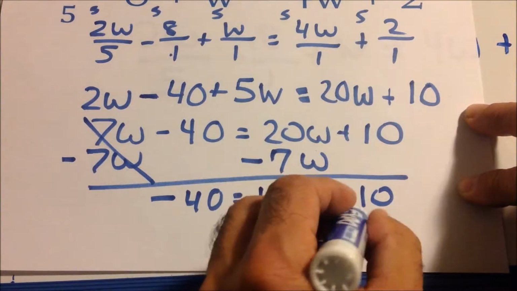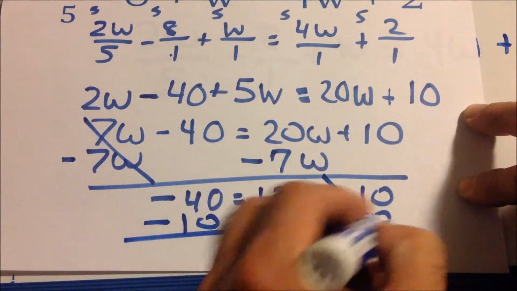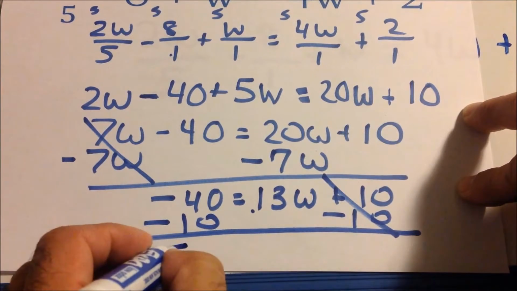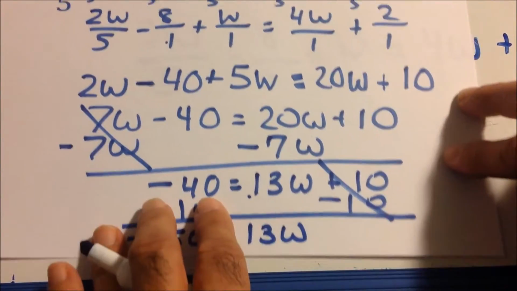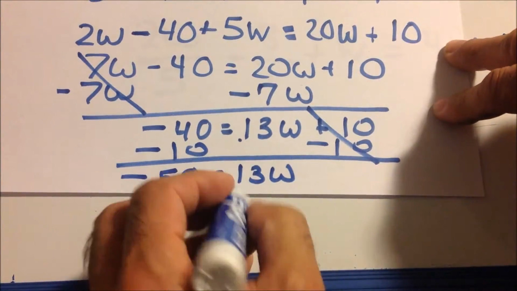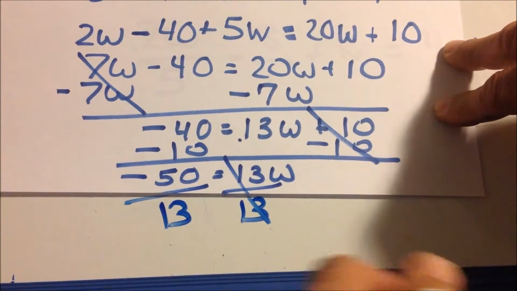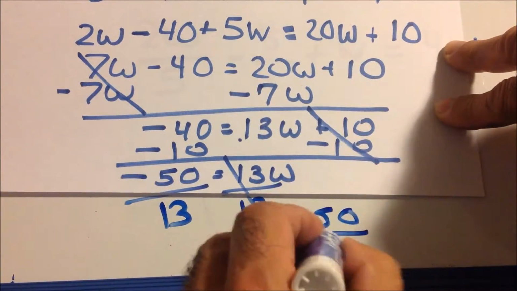Now I can minus the 10 on both sides. It crosses out. Now it's minus 40 minus 10, so that'll be minus 50 equals 13w. Now we can divide by 13 on both sides, and we're just finding out w here. So w equals negative 50 over 13.